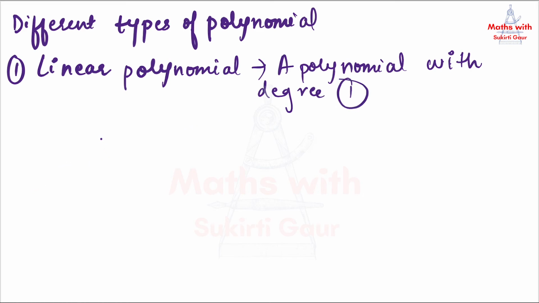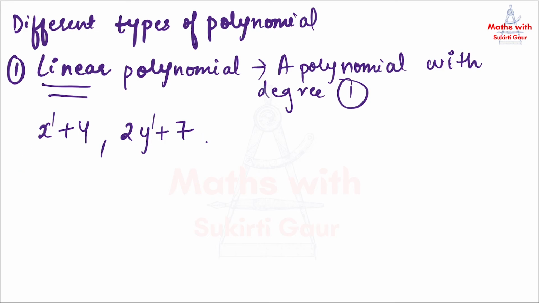Can we have any example of linear polynomial? Yes, x plus 4, 2y plus 7. Here the degree of both of the polynomials is 1. It means the highest power of the variable is 1. These are called linear polynomial.